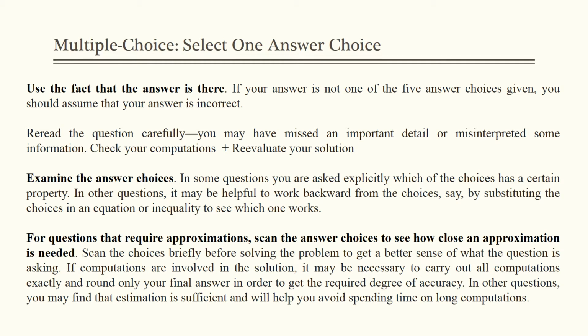Secondly, you examine the answer choices. In some questions, you are specifically asked which of the answer choices has a certain property. In those cases, you need to go through the answer choices first and see if they match the question. In other cases, it might be helpful to work backward from the choices.